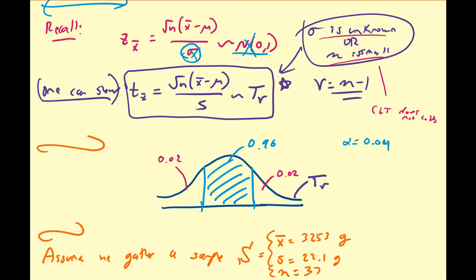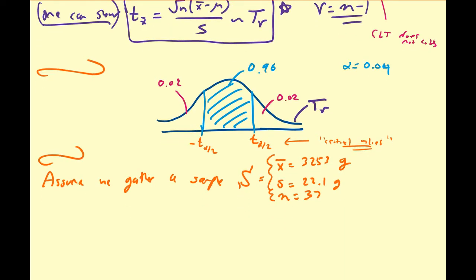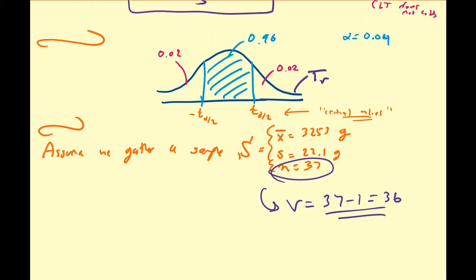All right, so based upon this picture, we know that there exist some numbers t alpha over 2 and minus t alpha over 2 that are going to give us this probability. Again, these are called our critical values. Since the sample size is given to be 37, the degrees of freedom is going to be 37 minus 1, or 36.